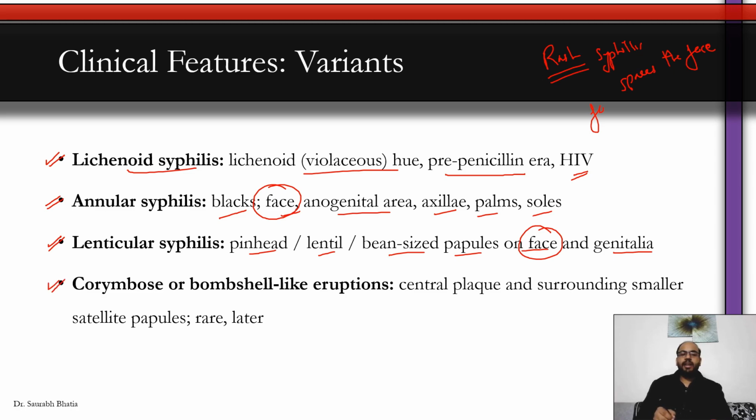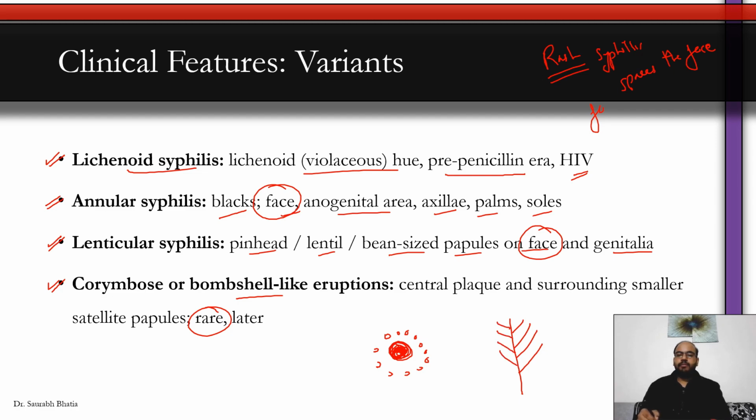Corymbose or bombshell-like eruptions. In corymbose syphilitic rash, you have a central large plaque, and then you have surrounding small satellite papules. It is also very rare, usually seen in later stages of secondary syphilis. Now, in botany, corymb is a type of inflorescence.